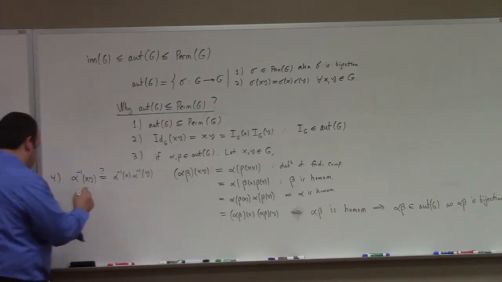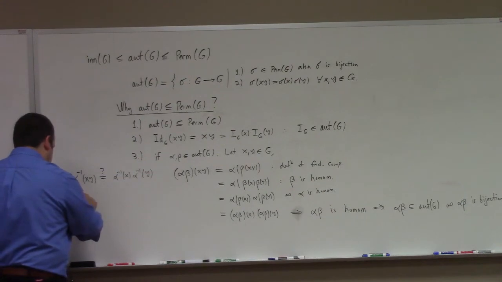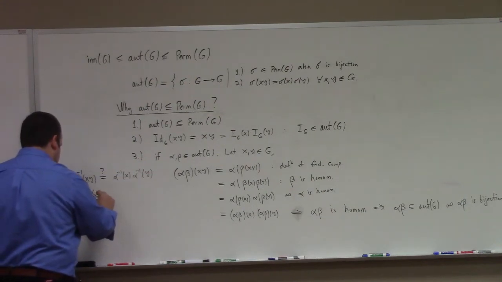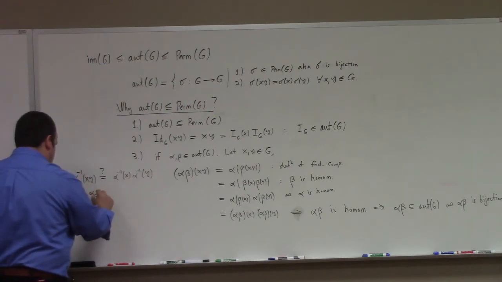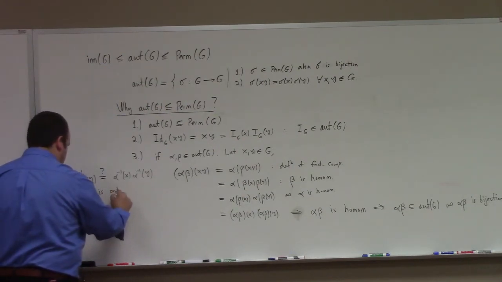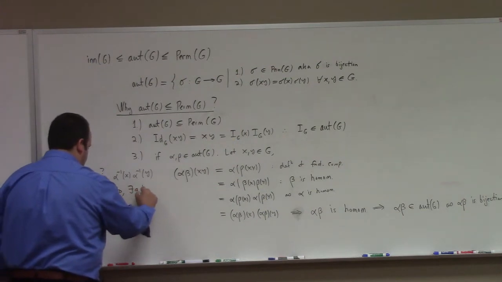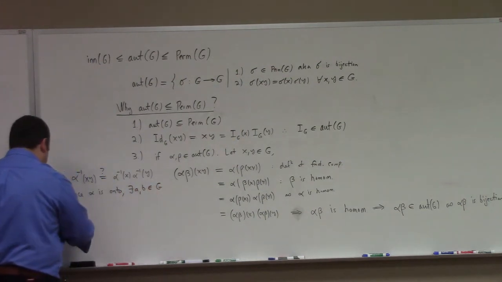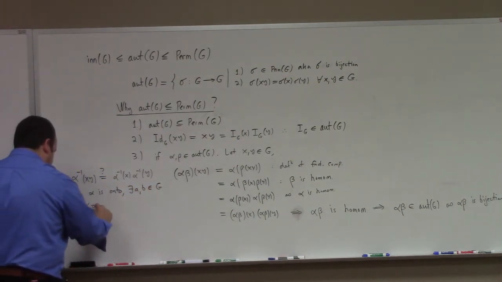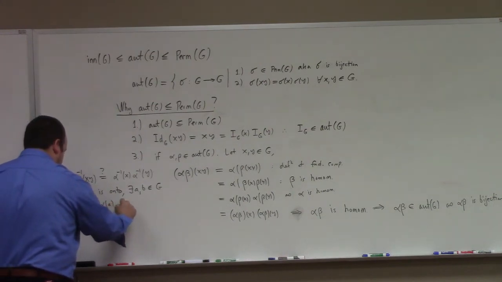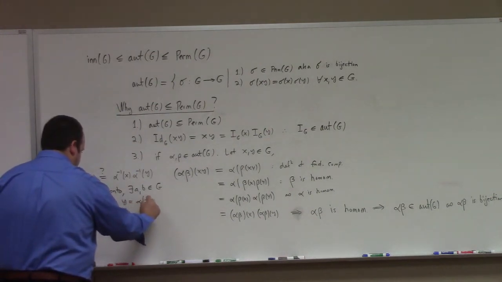How about this? Since alpha is onto, there exist a and b in G such that x equals alpha of a, and y is equal to alpha of b, right?